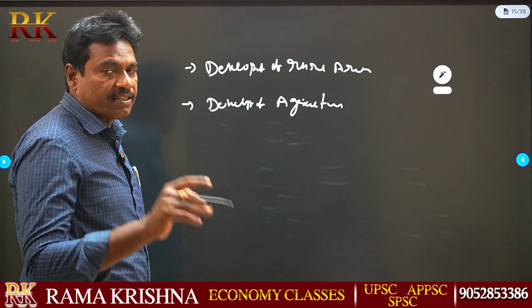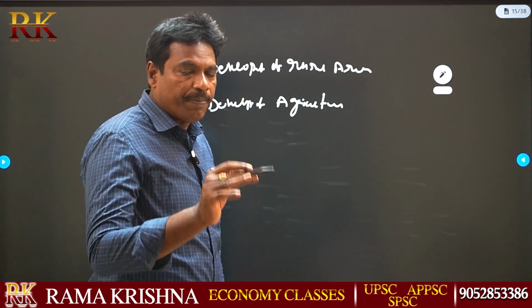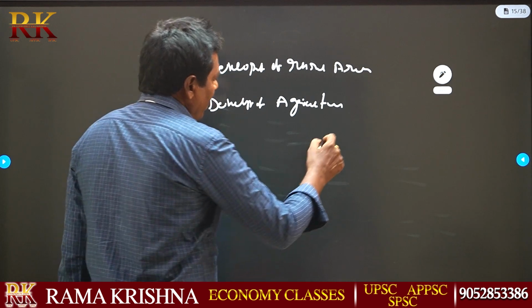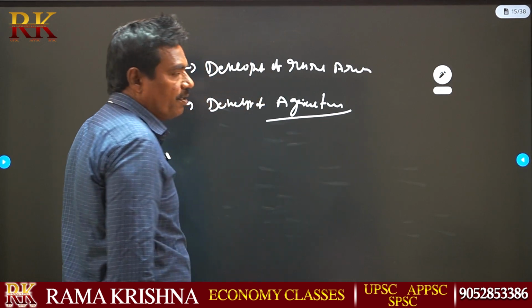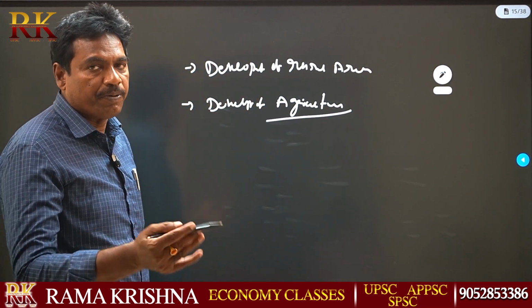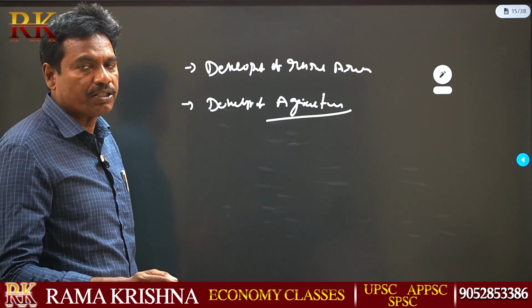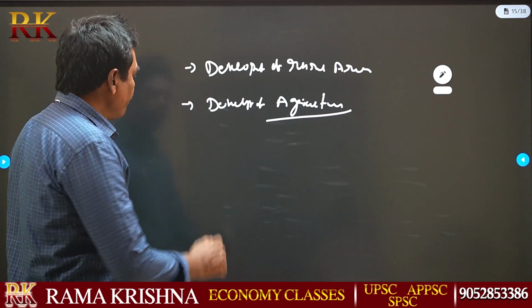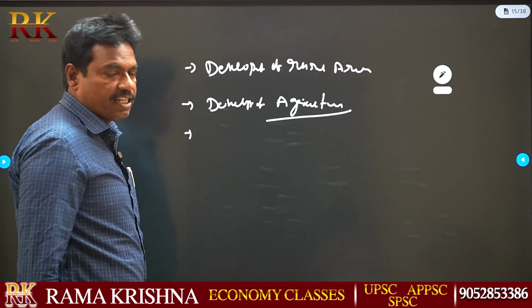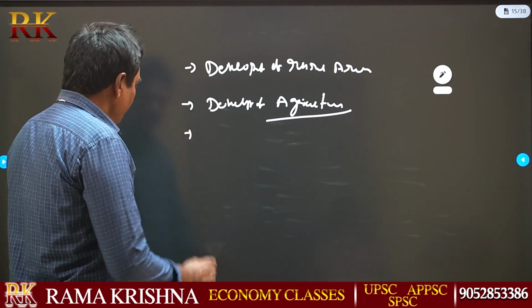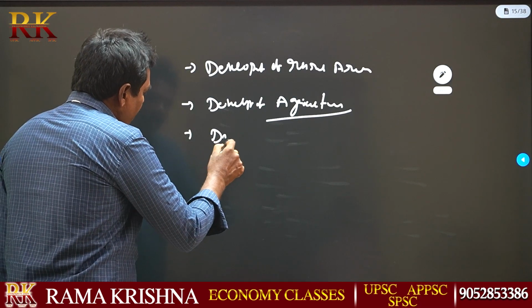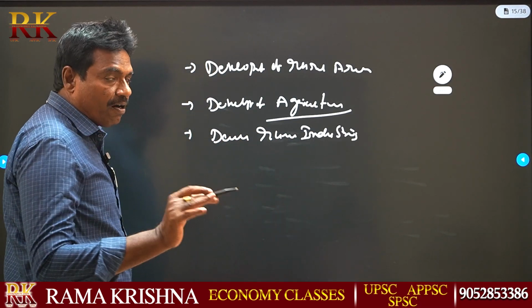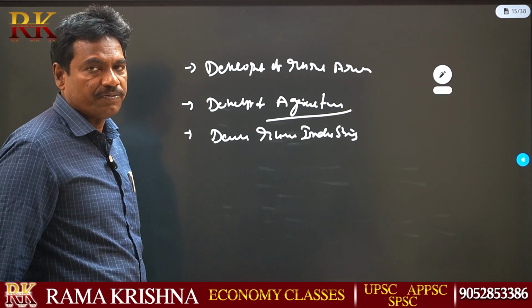Why was the agriculture sector important? At the time of independence, a large number of persons depended upon the agriculture sector. They wanted employment opportunities, and the government was also ready to provide them. So development of the agriculture system and development of rural industries, all these sectors were given importance.